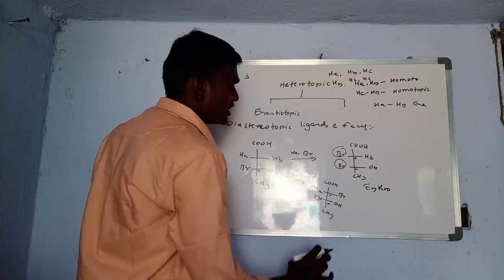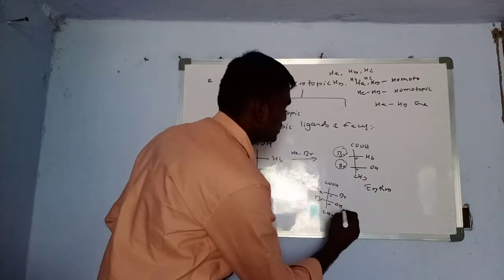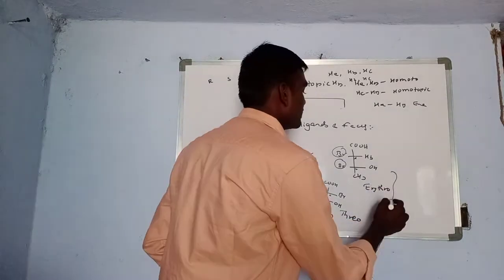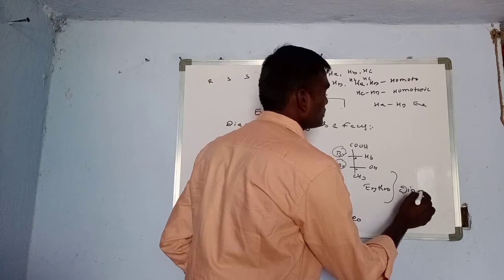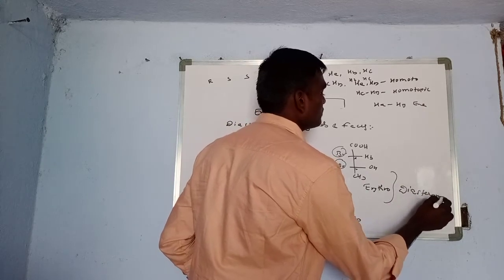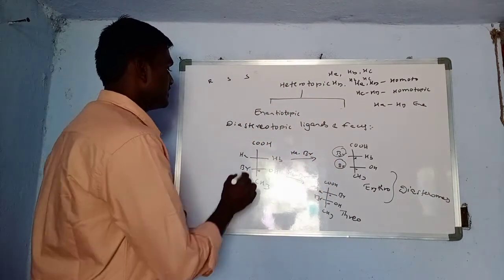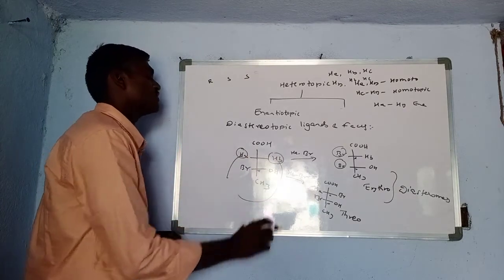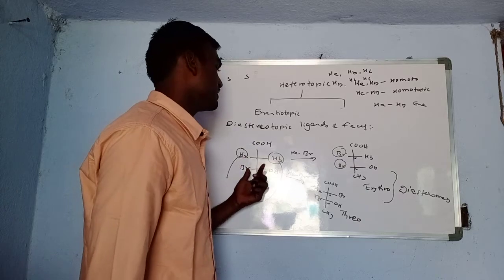If the same groups are on opposite sides, then that is known as threo. And erythro and threo are diastereomers. Therefore, in this molecule we can conclude that HA and HB are diastereotopic in nature.